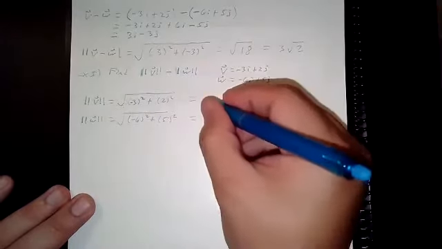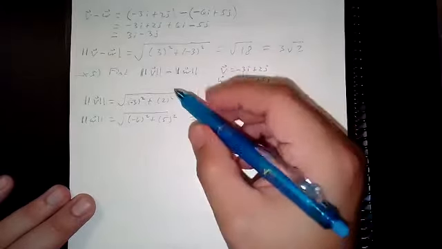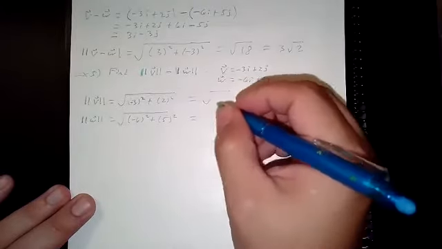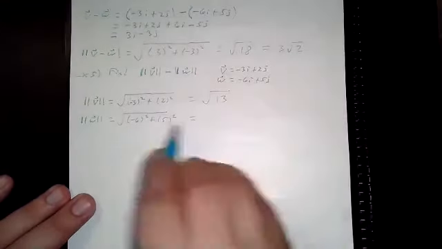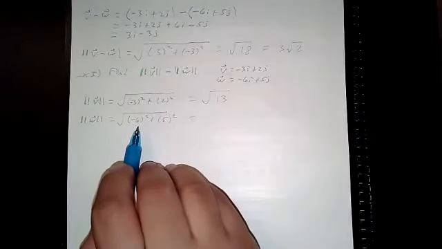So this will be 9 plus 4, right? This will be 36 plus 25.